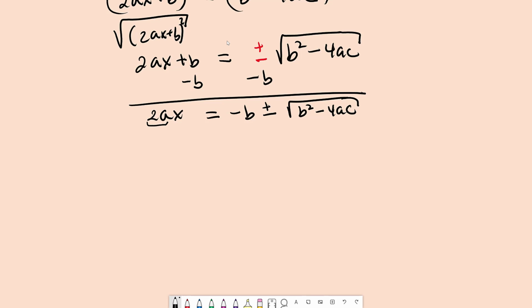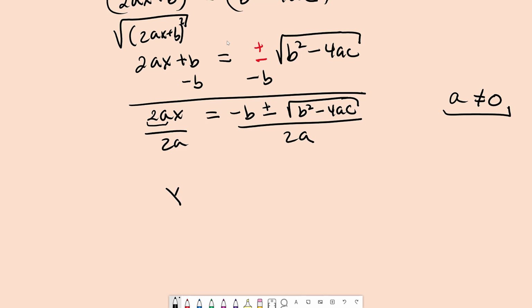It's 2a. And now you see why it was important that a is not equal to 0, because we are not allowed to divide by 0, right? Dividing by 0 leads us to an undefined answer. So we know that our a is not equal to 0, so we can divide both sides by 2a.